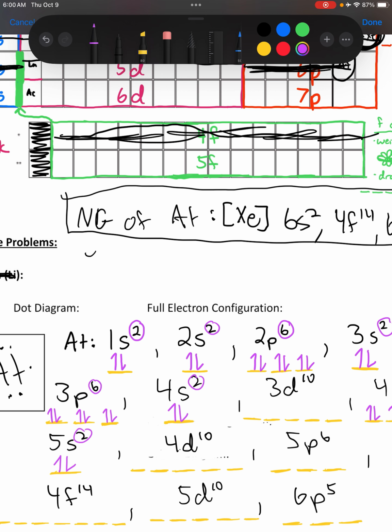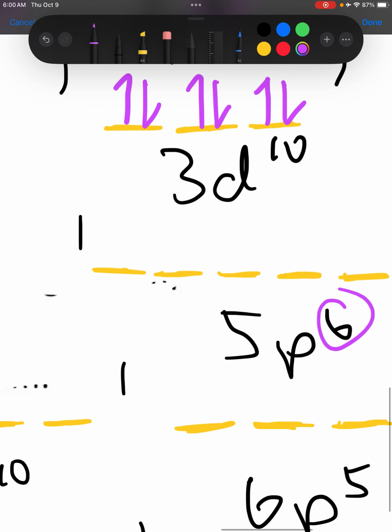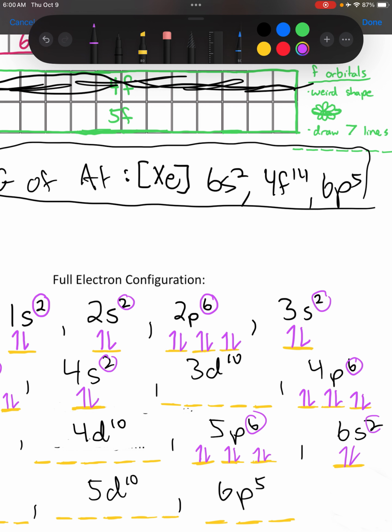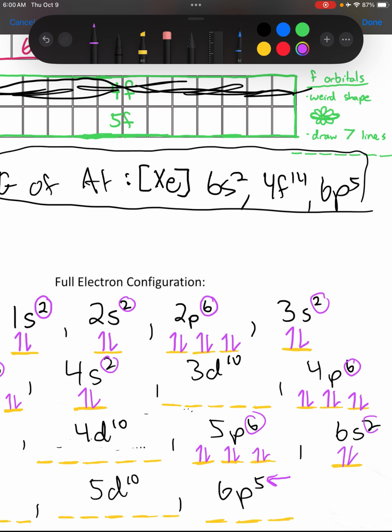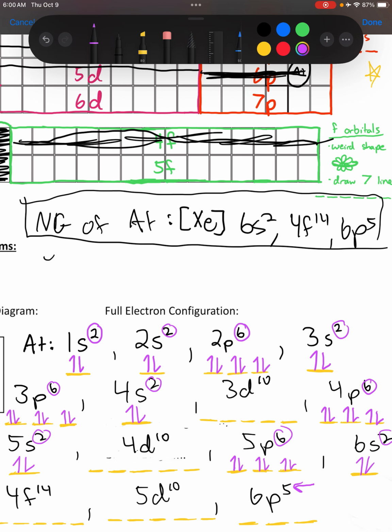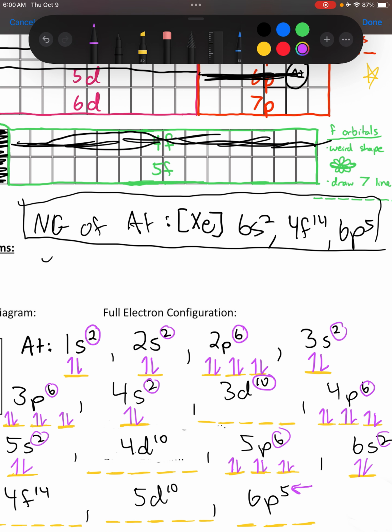All right, this one. I'm going to leave this one alone till the end because it's unfinished. All right, now for D's, we've got 10 electrons and 5 lines to distribute.